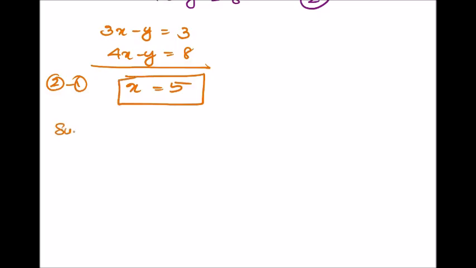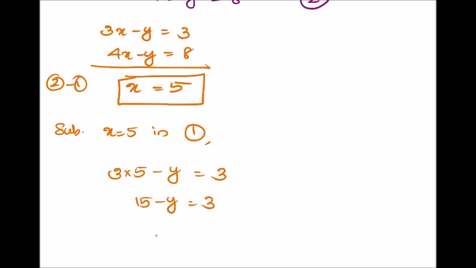Now substitute x is equal to 5 in equation 1. We will get 3 into 5 minus y is equal to 3, that is 15 minus y is equal to 3, or y is equal to 15 minus 3, that is equal to 12.